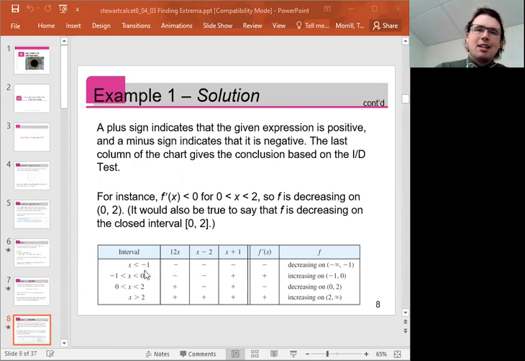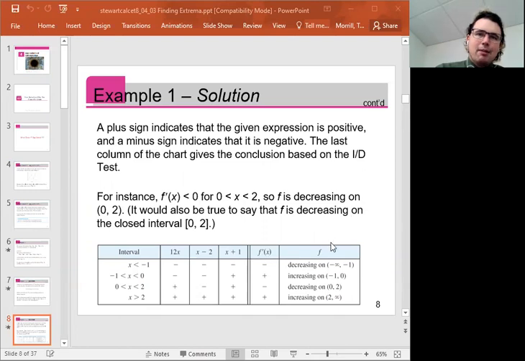So if x is less than negative 1, I'm just going to calculate f prime of x at some point, and we'll get a negative value. And it doesn't actually matter what coordinate we choose, just as long as that x value is less than negative 1.